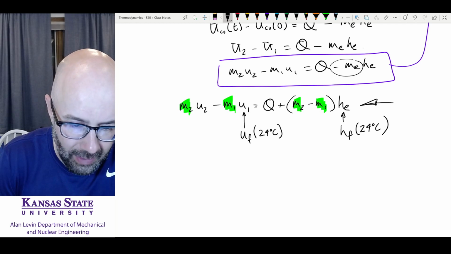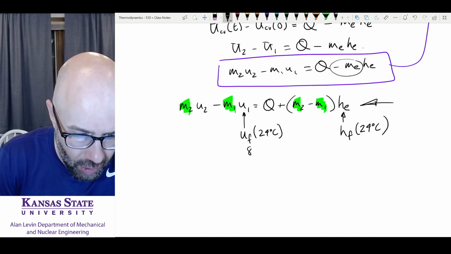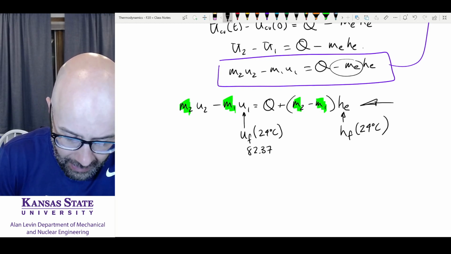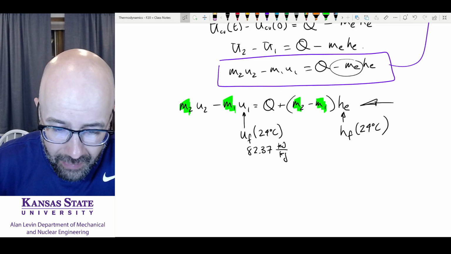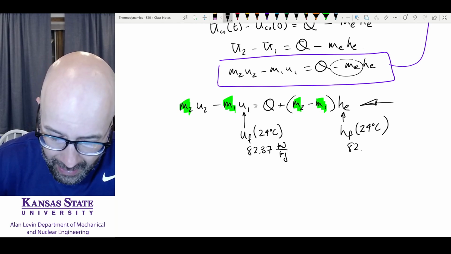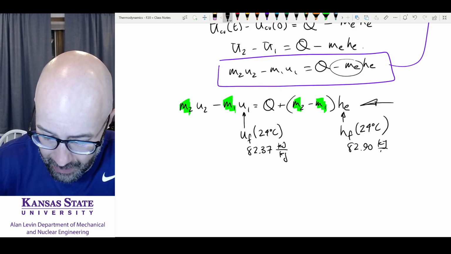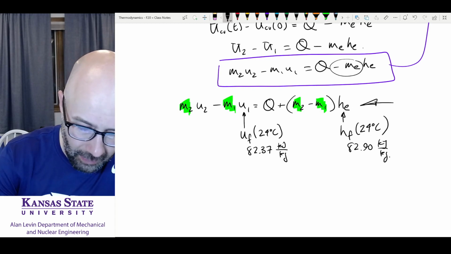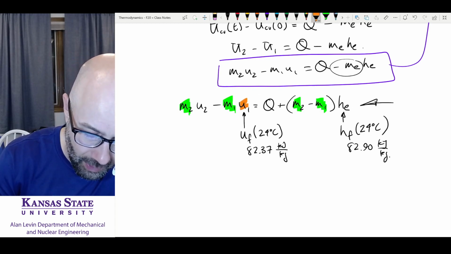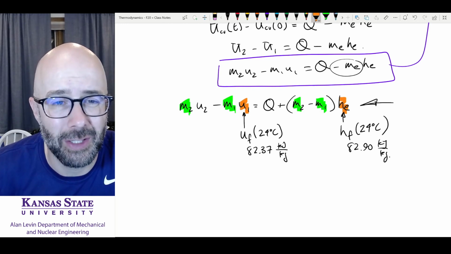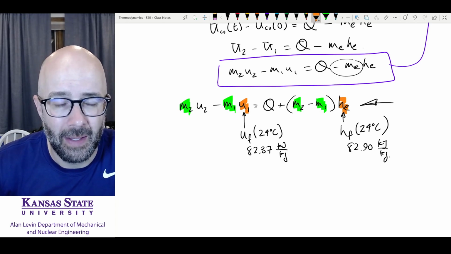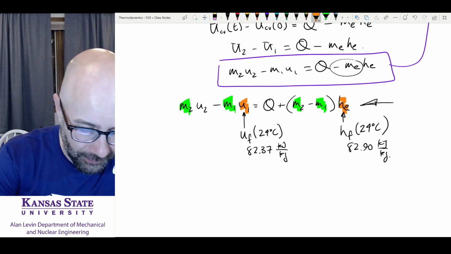These two values give me uf equal to 82.37 kilojoules per kilogram; remember, we're dealing with R134A. And hf is going to be equal to 82.90 kilojoules per kilogram. So now I know this one and this one. I need to find out what my internal energy 2 is.